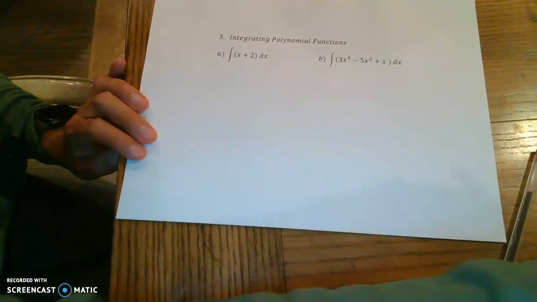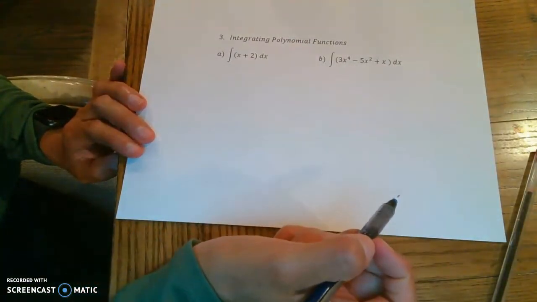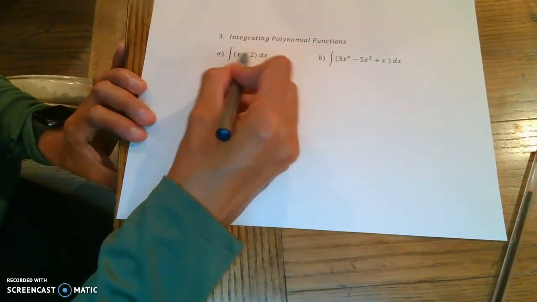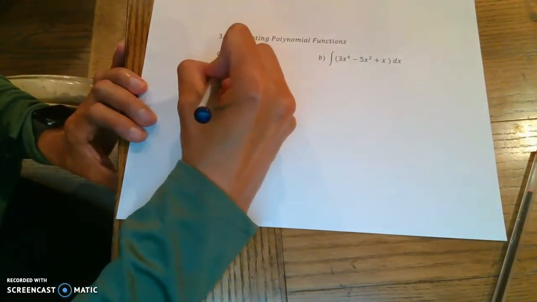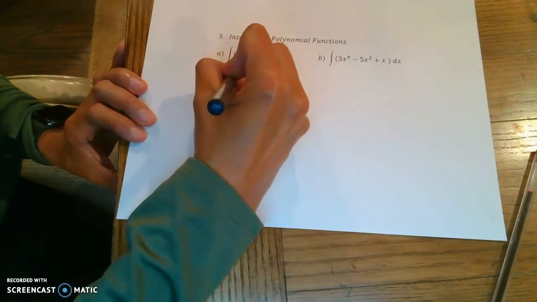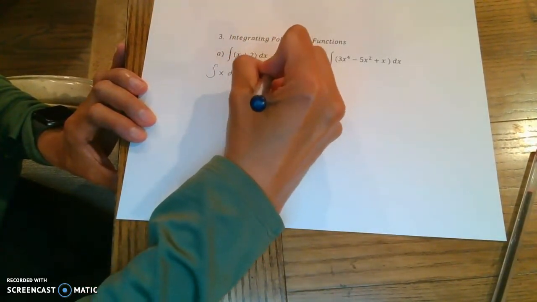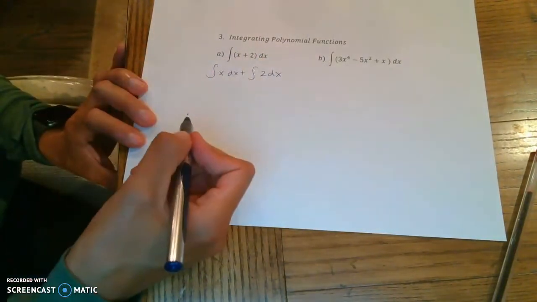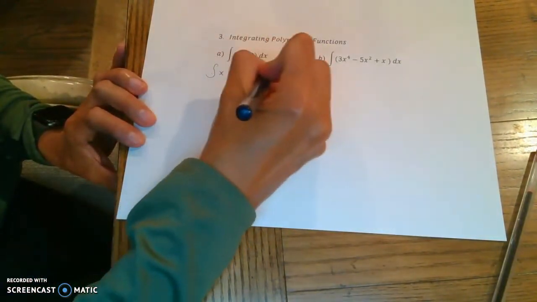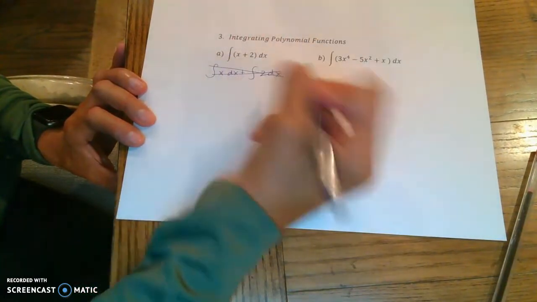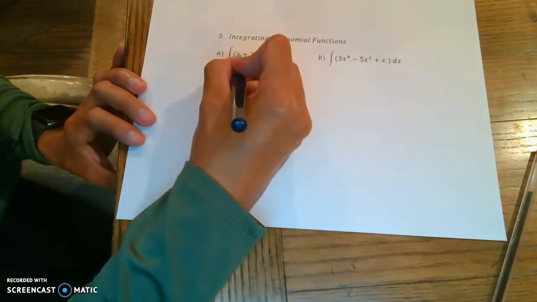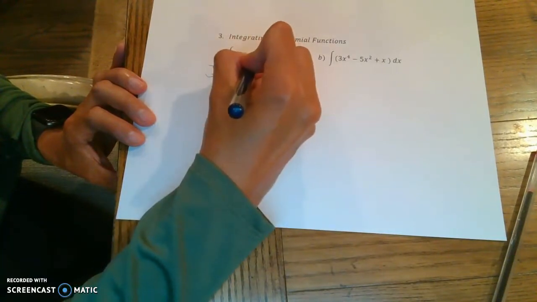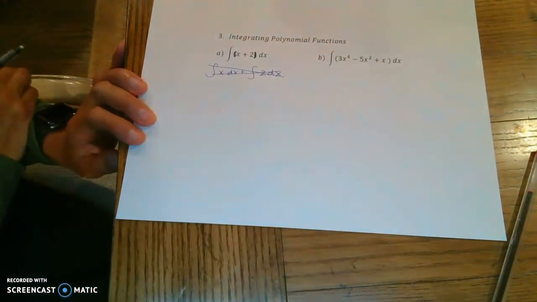Okay, and then the last piece. It was integrating polynomial functions. When you integrate a polynomial function, which just means many terms, this was the rule that you could break this up into 2. I would never suggest doing that, but that's what you're doing. You're integrating each piece. So instead of doing this, which is totally not necessary, that's the sum rule, I'm just going to integrate each term. There's no exponent on this parentheses, so you don't need it there.